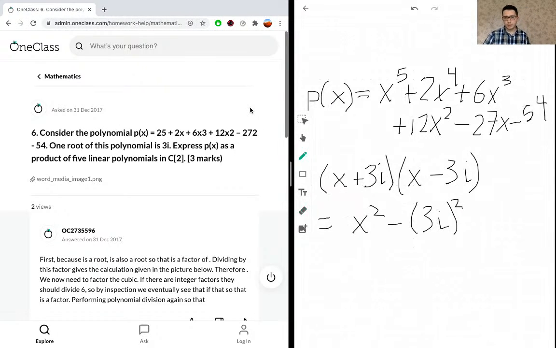Okay, so the difference of squares is just the standard formula. So any value a squared, let's say this is a squared minus b squared, will give us a plus b times a minus b. So in this scenario, a is x and b is 3i. So once again, a squared minus b squared always equals a plus b times a minus b.